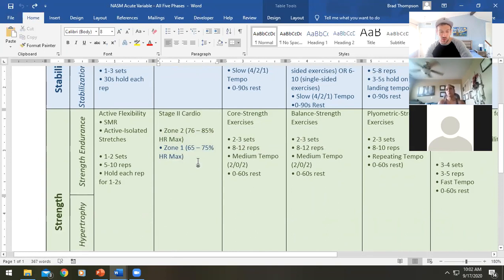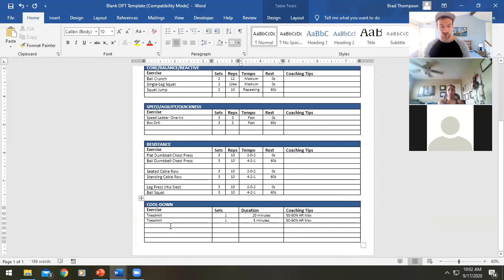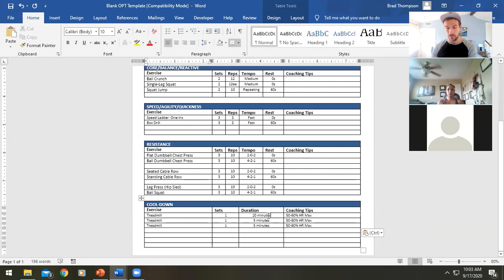Actually I need a triple treadmill bit. So they're going to do zone 2, which is 76 to 85%, but then they're going to recover in zone 1, which is 65 to 75%. So I'm going to go back over here and do a triple treadmill section because they need one that is the high intensity and one that is the low intensity recovery section.